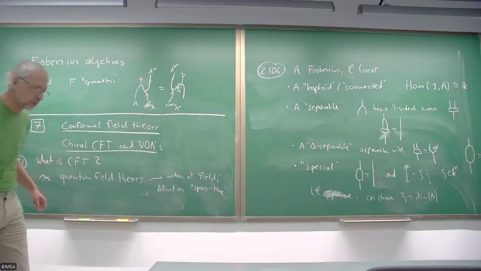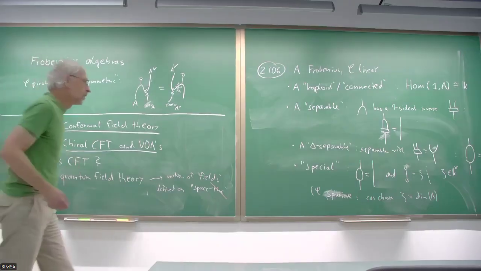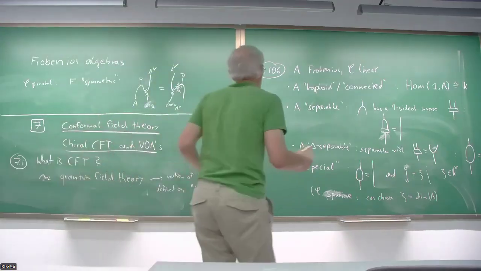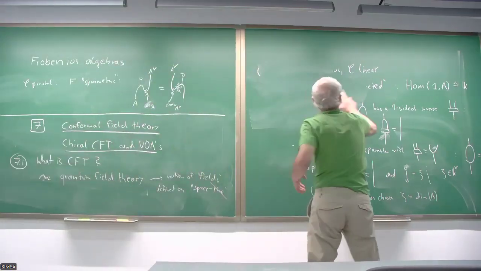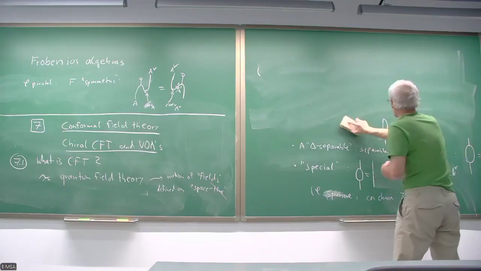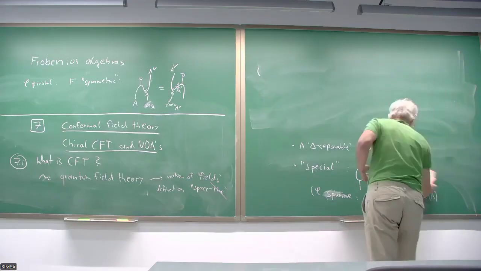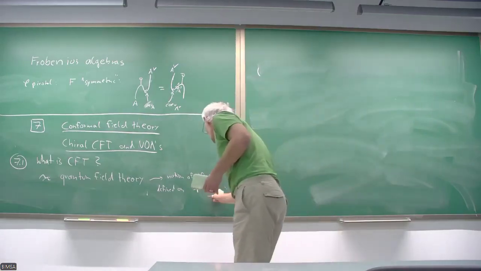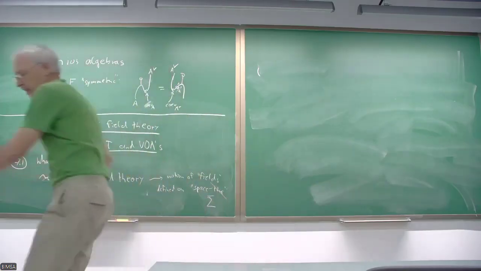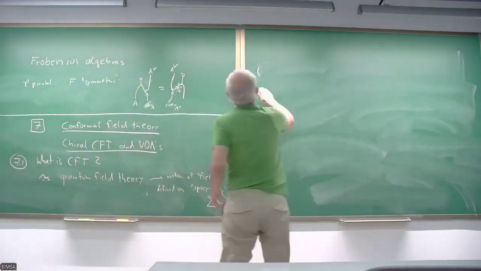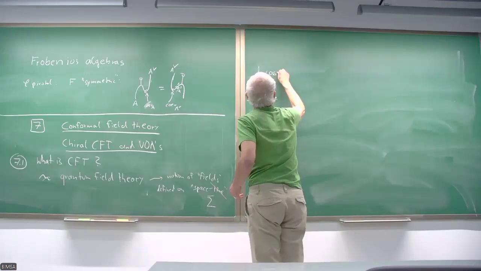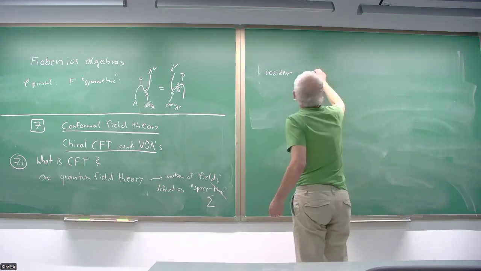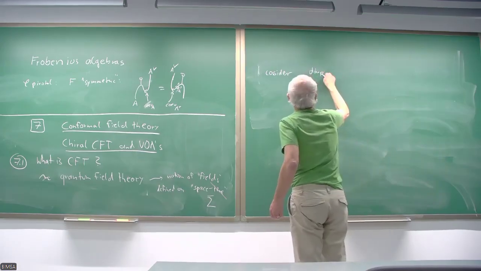What is more important is that when people talk about conformal field theory in the context I will describe, it is always meant in two dimensions. Let's call this space sigma, and then we consider the case that sigma is, as a real manifold, of dimension 2.